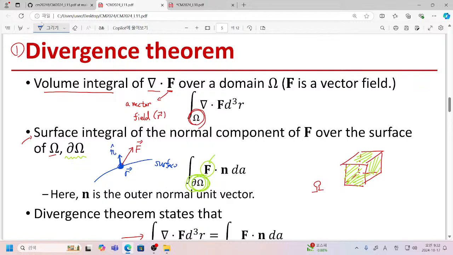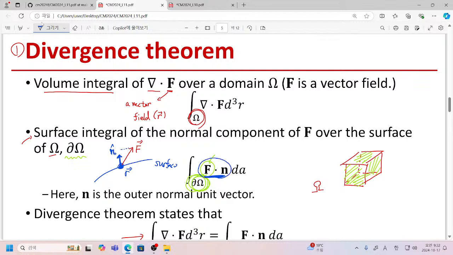On a point in the surface plane, we take our normal unit vector n, and by taking the inner product between the F function and this unit normal direction n, we project our F function onto the normal direction.